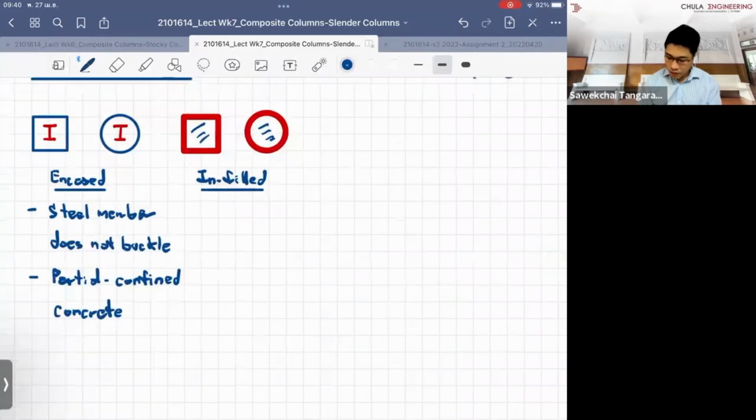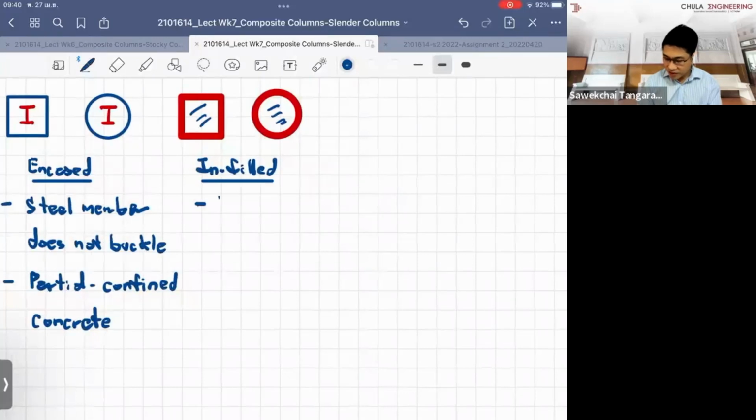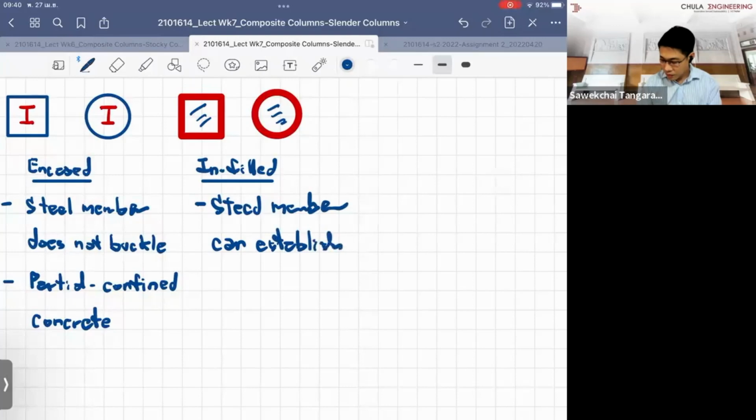On the other hand, for the infill, the steel member is subject to local failures, which we call local buckling. The nice thing is that the concrete is fully confined.